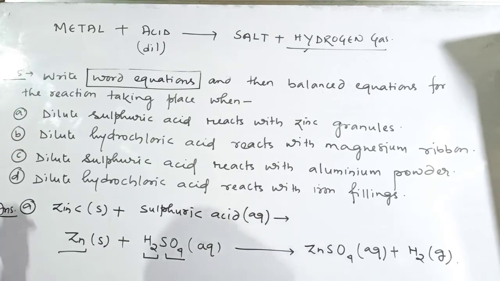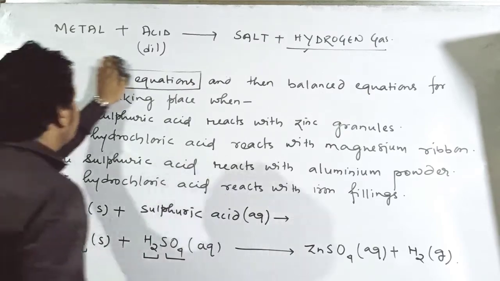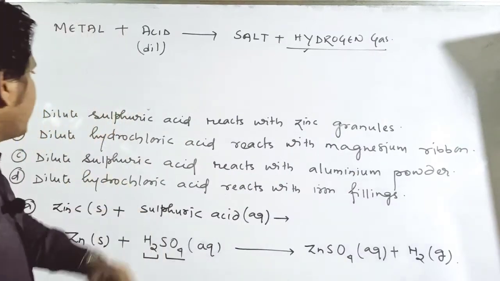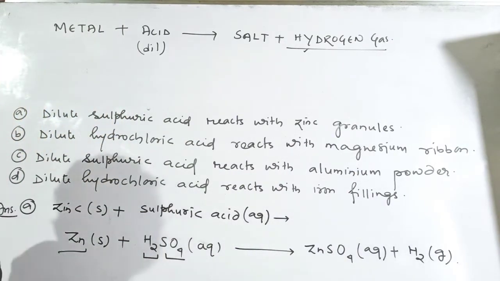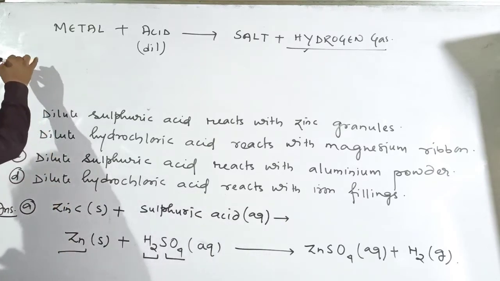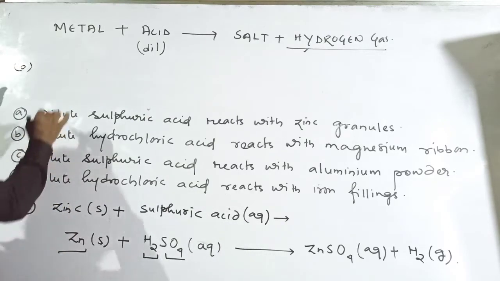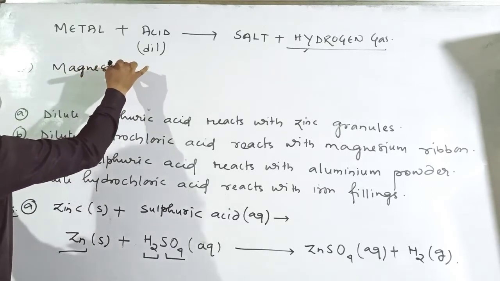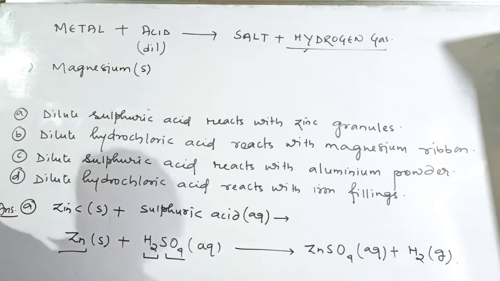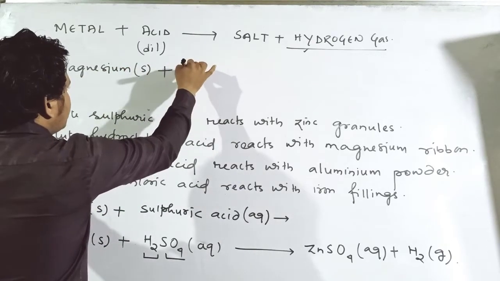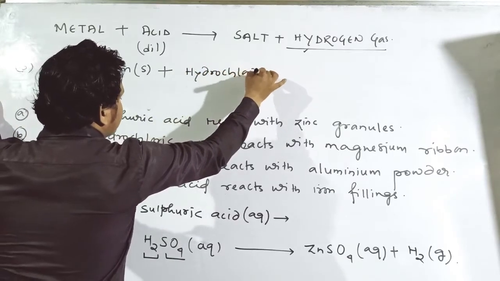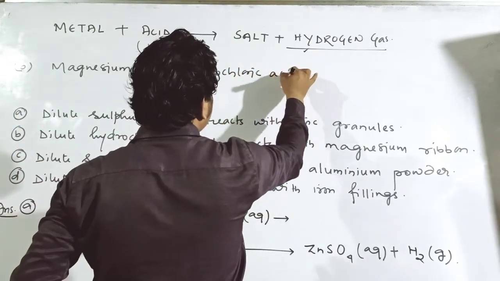Proceed to answer number B. In question B it is asked: dilute hydrochloric acid reacts with magnesium ribbon. Magnesium is also a metal, existing as a solid. Dilute hydrochloric acid means aqueous.